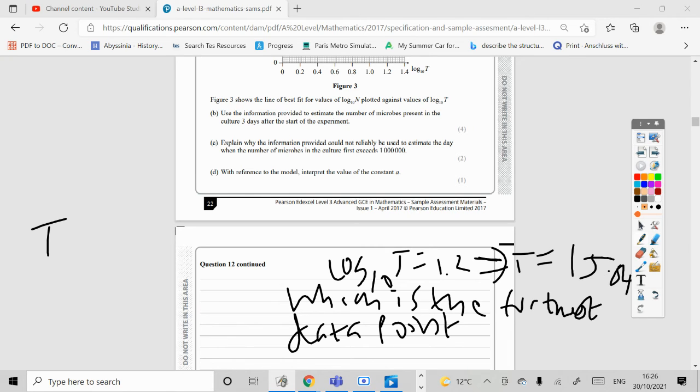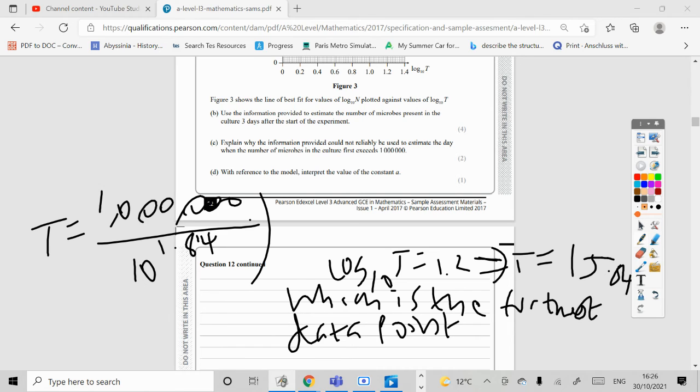So if we did, t would be equal to 1 million divided by the 10 to the 1.84, to the power of 61 over 138 on the calculator.